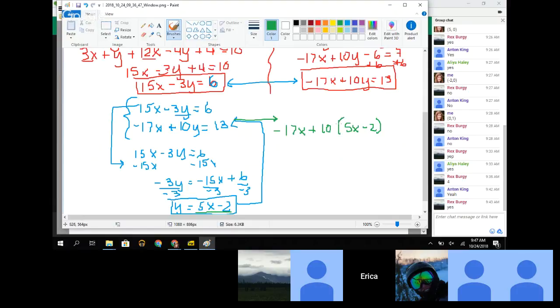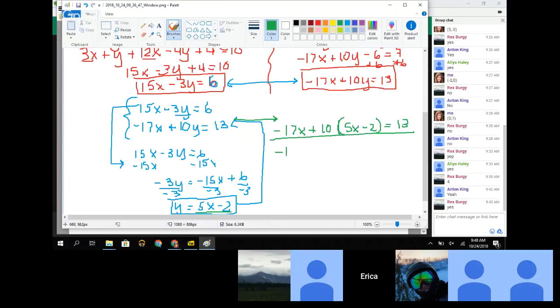It's supposed to be a parentheses there, equals 13. Okay, all that work has led me to one equation, right? And I only have x in it, so that's really good. So I'm almost there, right?